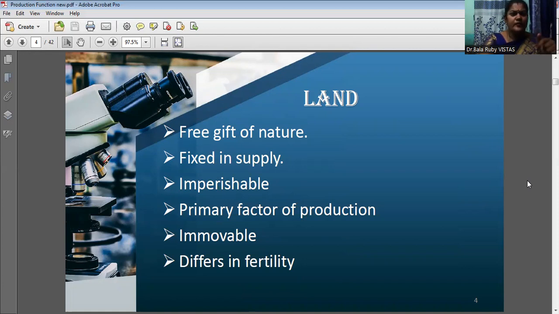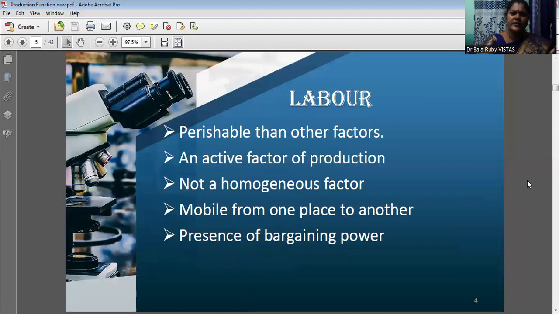Land is immovable. Is it possible to move our land from one place to another? It is not possible. So, land is immovable. At the same time, land differs in fertility. The fertility of one land is different from another land. So, on the basis of the fertility of the land only, we can produce different products.